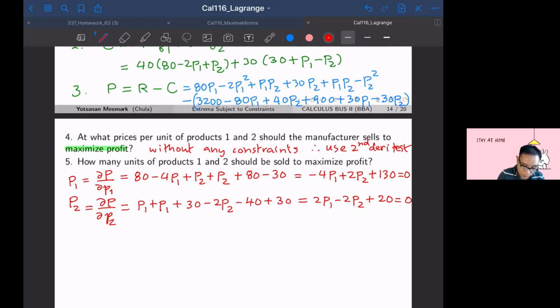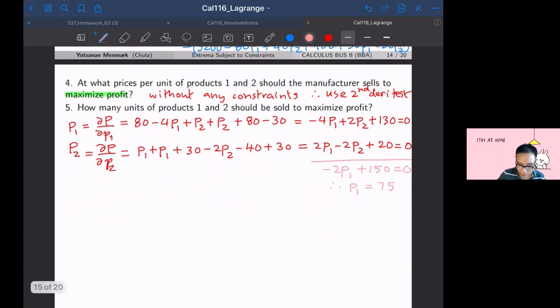Actually, I don't need to simplify. I can just sum this up, right? When you sum this up, you're going to get negative 2p1 plus 150 equal to 0. So you would get p1 equal to 75.